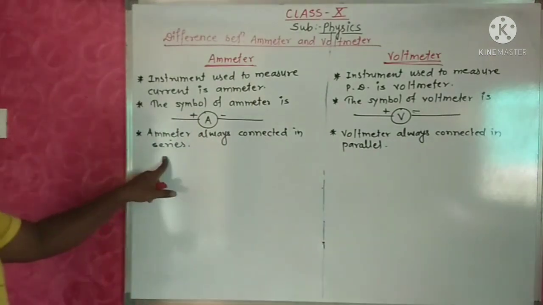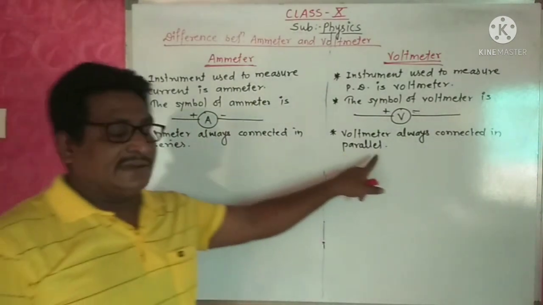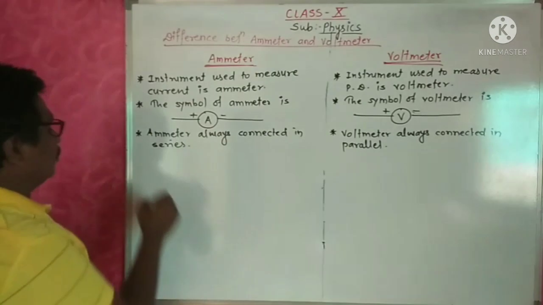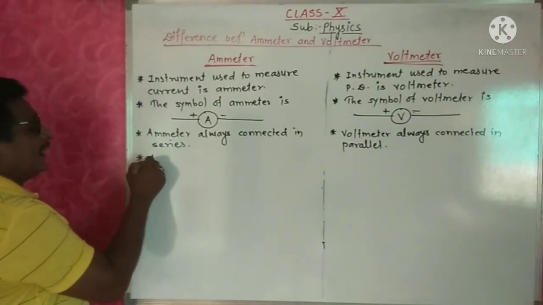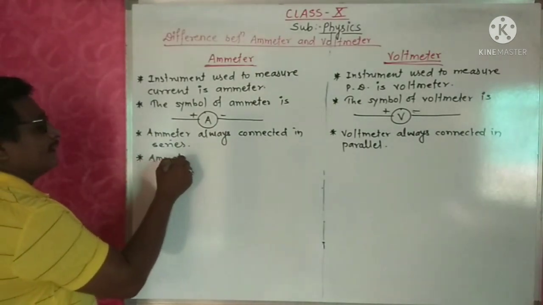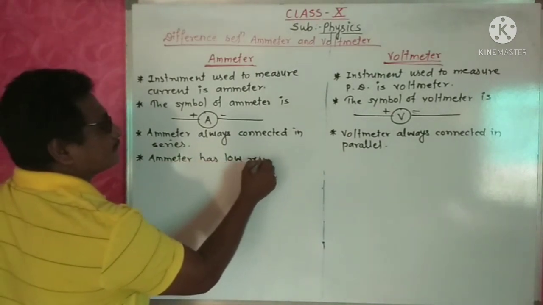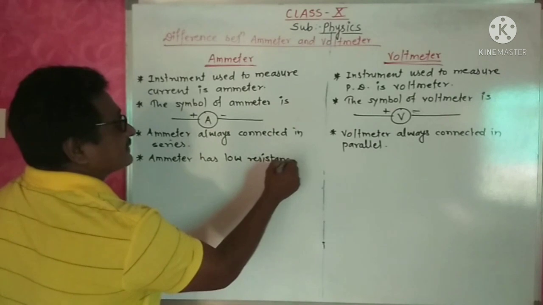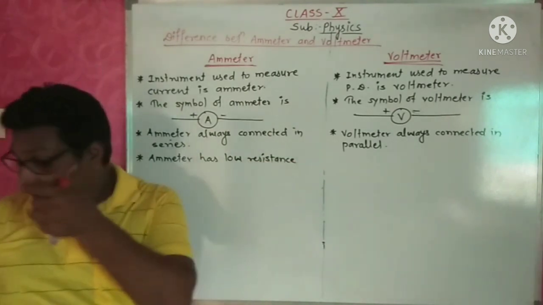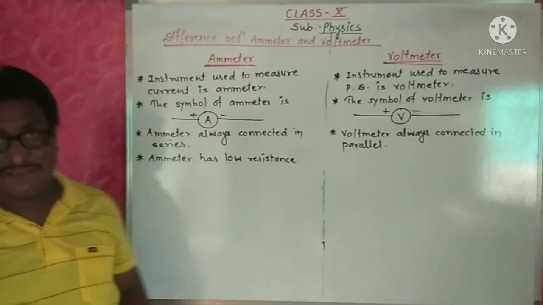Why is it connected in series and why is it connected in parallel? Ammeter has low resistance. Why is it connected in series? Because it has low resistance.